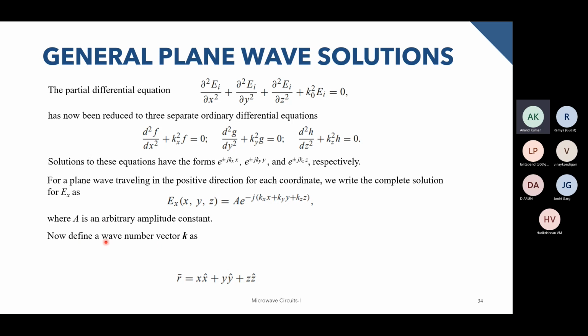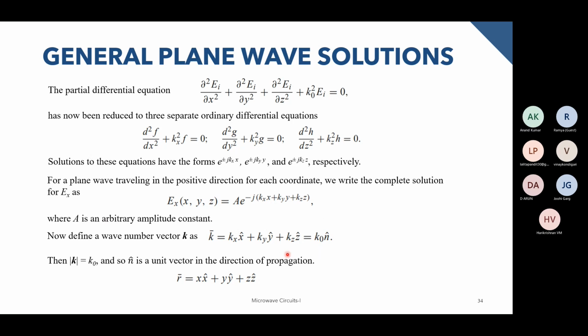Now we define a wave number vector k as this particular expression in the exponential. We can denote it as k naught n cap, where n cap is the direction of propagation of the wave, and the magnitude of this vector k is given by k naught.